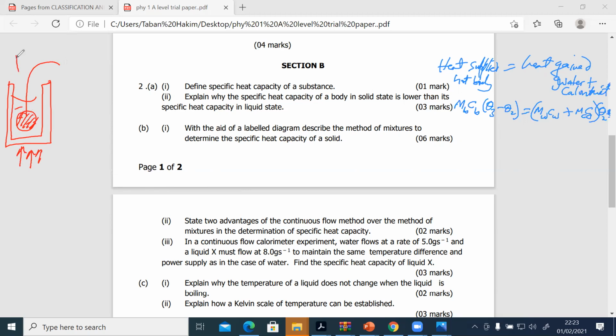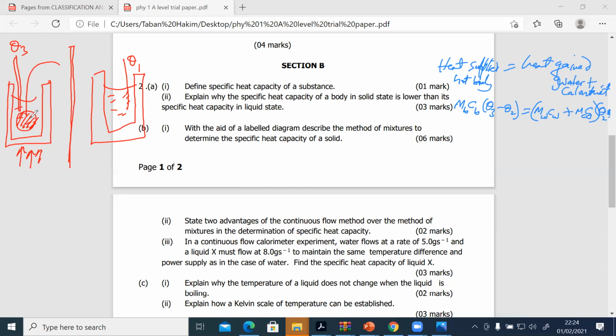You heat it up to a given temperature, which I'm calling theta 3. It can be the boiling point of this water, maybe 100 degrees Celsius. Then you have the heat shield here. Then you have another calorimeter of known heat capacity and having its own mass of water at the initial temperature theta 1.